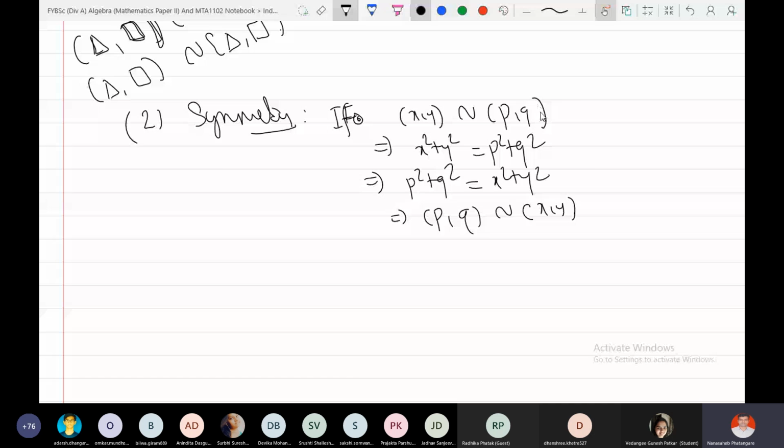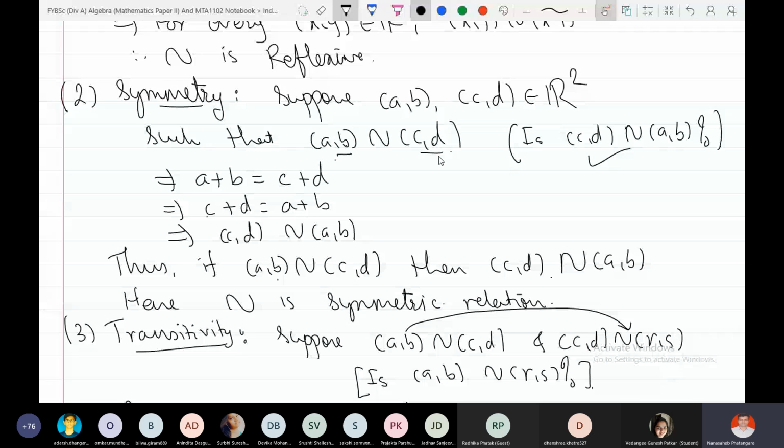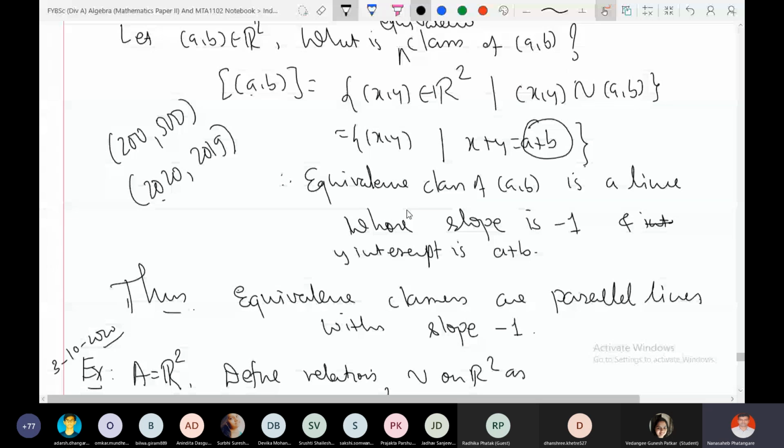What is the main point? If one element is related to a second, then is the second related to the first? That is the point, right? And therefore, notation doesn't matter.